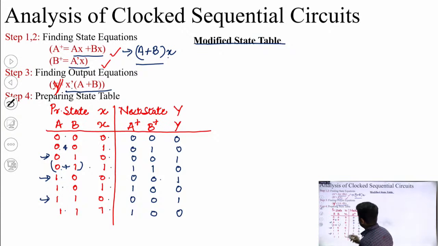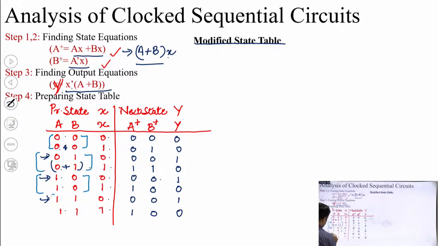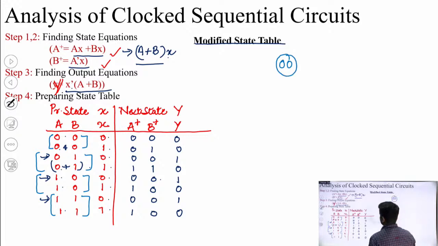First you can see that the states are either 0 0, 0 1, 1 0 or 1 1. So 4 states are there: 0 0, okay, 0 1, 1 0 and 1 1.